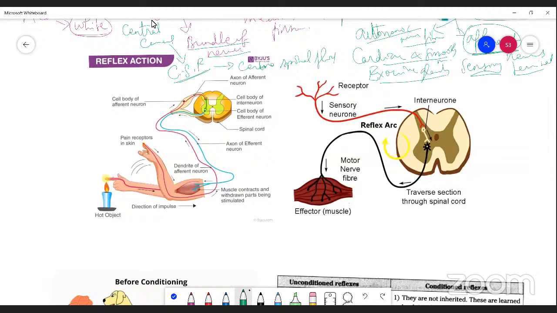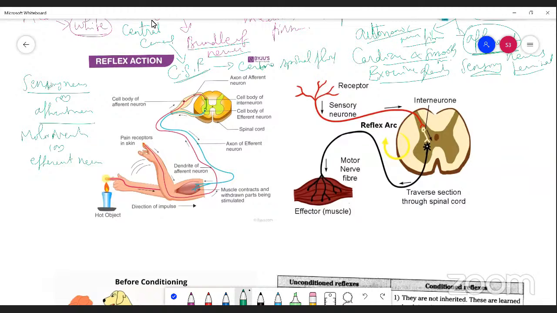The sensory neuron is otherwise called the afferent neuron. And the motor neuron is the efferent neuron. Do you understand? The sensory neurons terminate in the dorsal horns, and the efferent neurons terminate in the ventral horns. We already know that one.